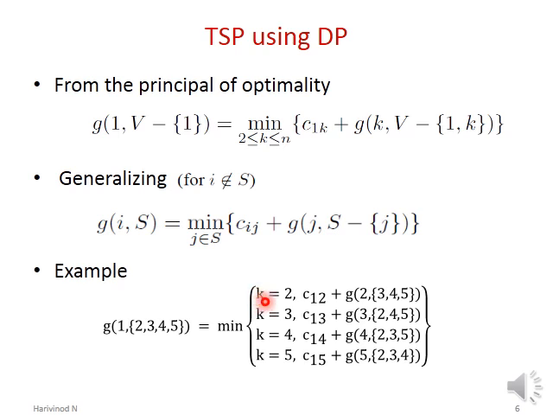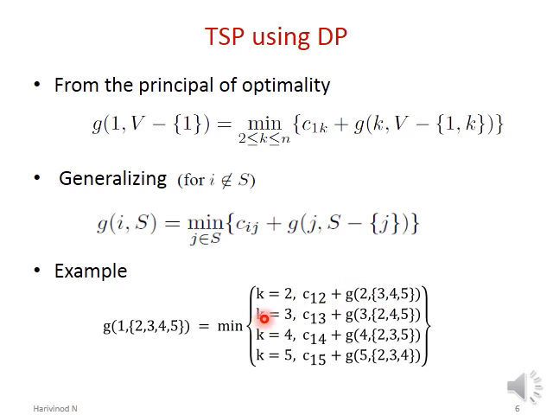If j is equal to 2, 3, 4, 5, the different values that we get are C of 1, 2 plus G of 2. Now start from 2, visit all the vertices 3, 4, 5 in some order and come back to 1.